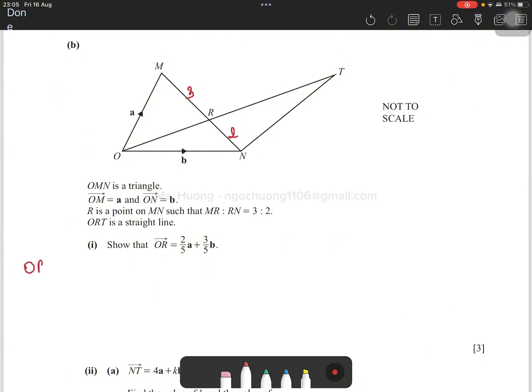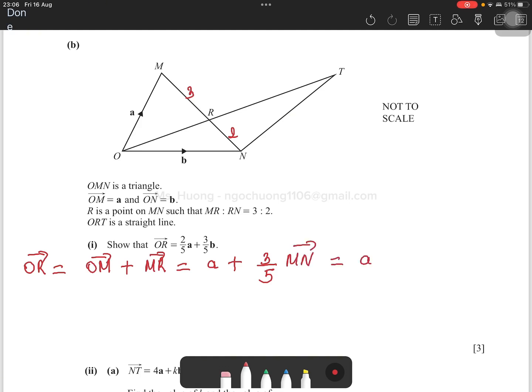So, to find the vector OR, we can split it into vector OM plus vector MR. Vector OM is a already. So we need to find the vector MR. MR to RN is 3 to 2, which means the vector MR is 3/5 of the vector MN.